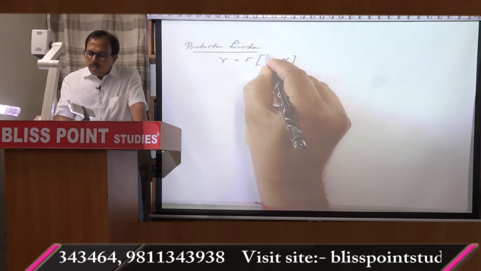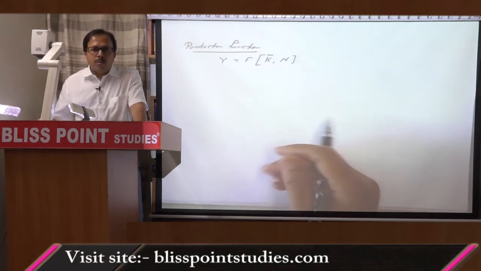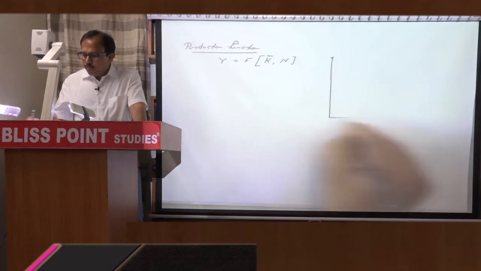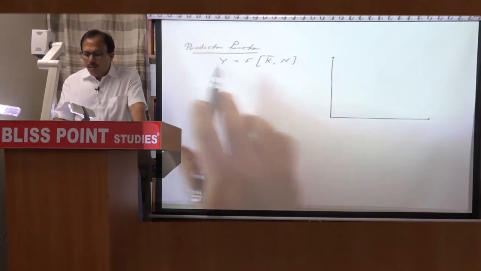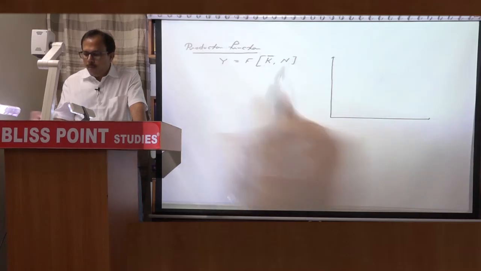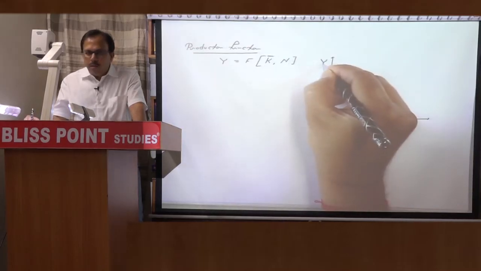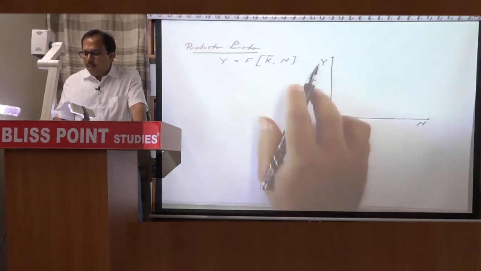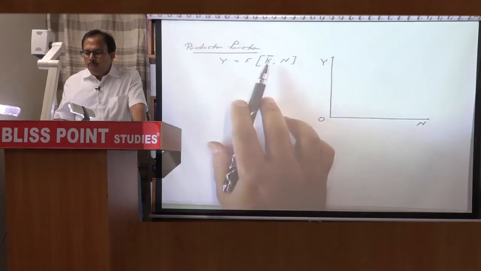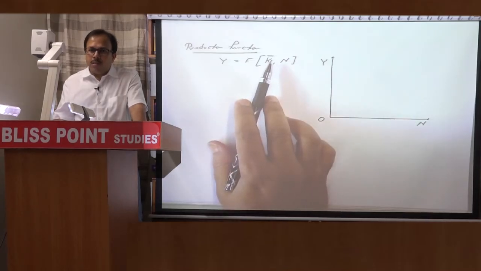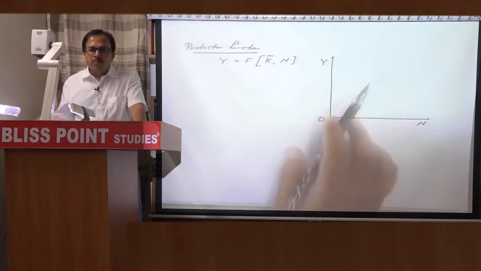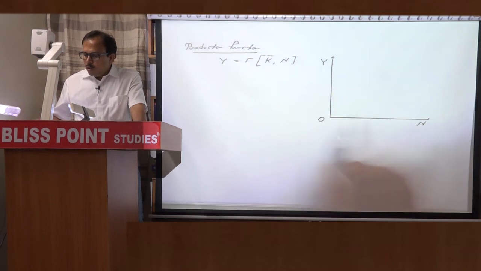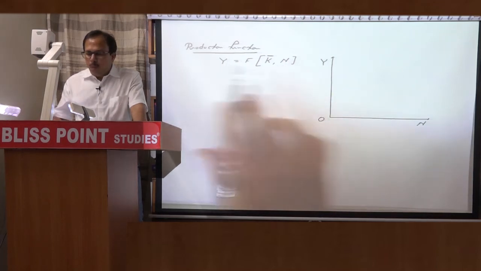If I say that the stock of capital at any given point of time is also given, then the production function has three variables: output, capital, employment. I take one variable here, another variable here, so in a two dimensional diagram you have taken two variables. I am assuming that the third variable, or any other variable which may affect this relationship, remains constant. So capital is constant here. As N, that is employment, increases, output will increase.